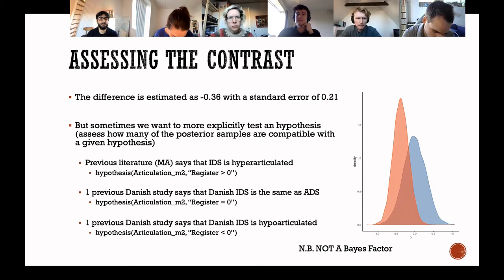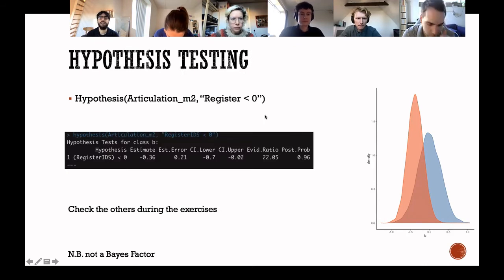I leave the third hypothesis testing as an exercise when we do the hands-on, but we can check very briefly the one in terms of hypoarticulation, just so you know how to read that. Right? We test how many of the samples are compatible with the hypothesis that Danish people are actually making it harder for their children to learn.